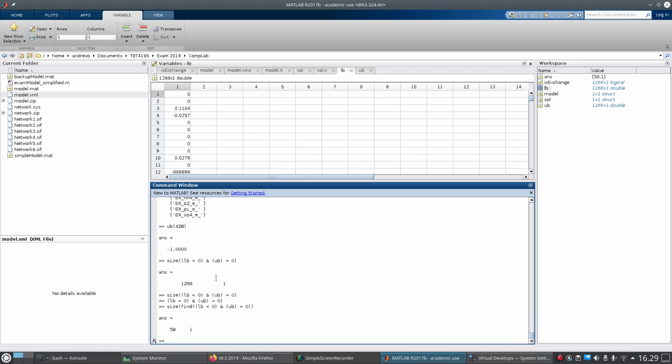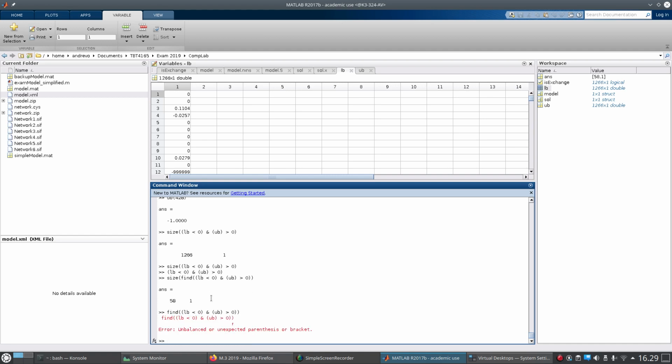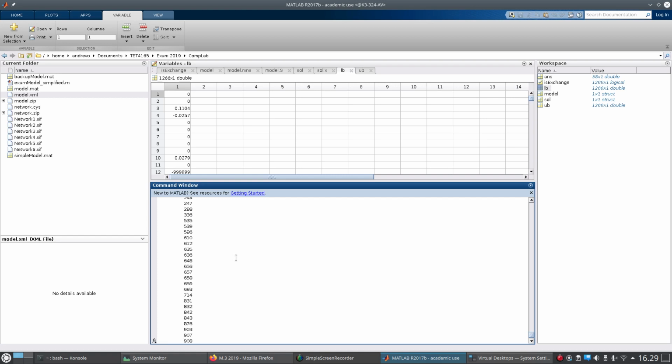Here we go. I messed up my parentheses here. This will give us all the reactions with negative lower bounds and positive upper bounds, which means that they are reversible in our FVA optimal solution.